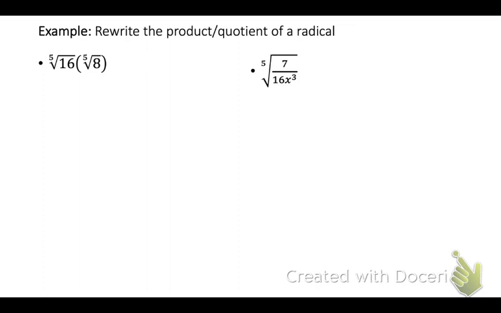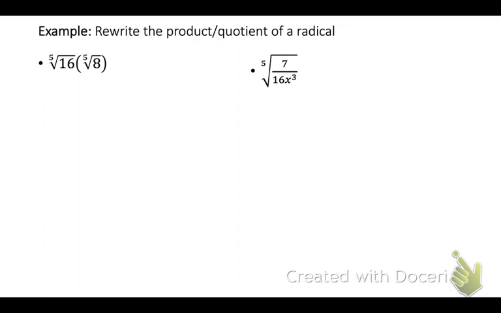So, the other ones had to have the same bases, yes? Well, now do we have the same radical? Do we have the same exponent now? Yes. So as long as I have the same bases or the same exponent, I can mix and match, right? So the 5th root of 16 times the 5th root of 8. What would you like to do first? Well, we can simplify 16 and 8.